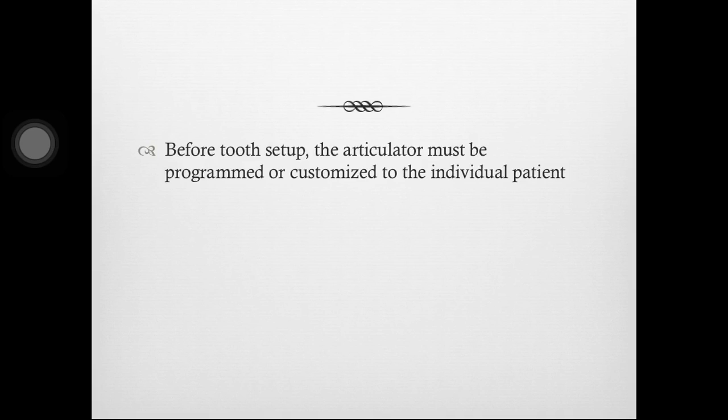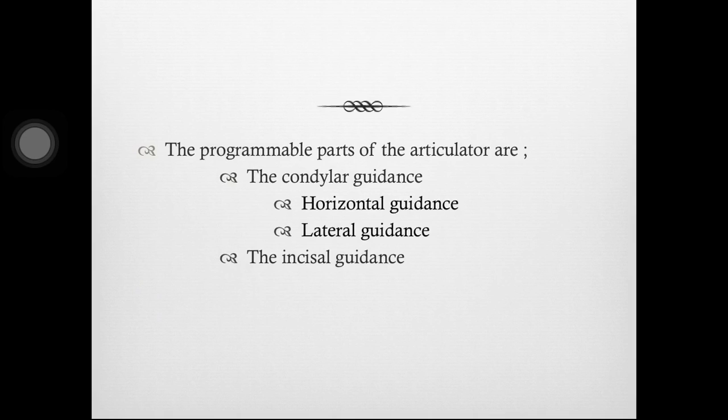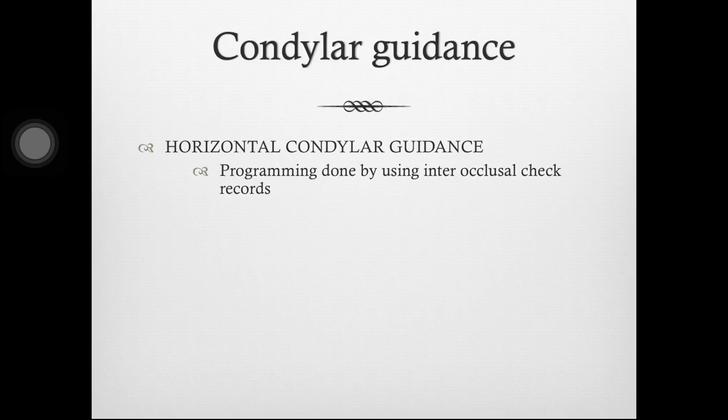Before setting up the teeth, the articulator must be programmed or customized to the individual patient. A programmed articulator simulates the mandibular movements of the individual patient, so teeth can be arranged in harmony with the mandibular movement of the individual. The programmable parts of articulators are the condylar guidance, both horizontal and lateral, and the incisal guidance.